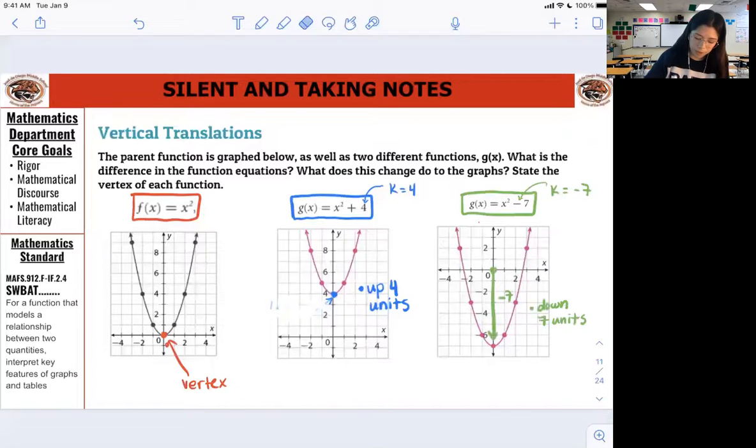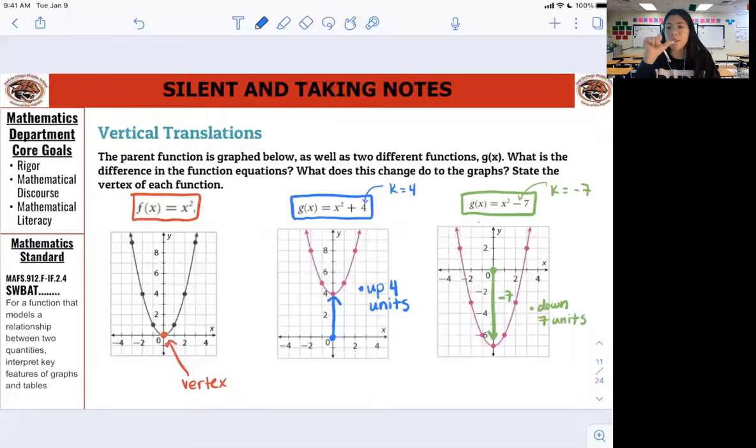So from the origin, that's where we measure from. If k is a positive number, it's going to go up. If k is a negative number, it's going to go down.